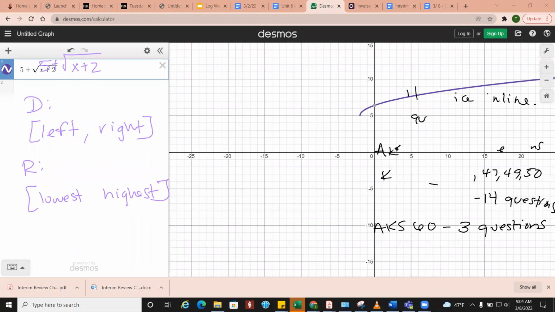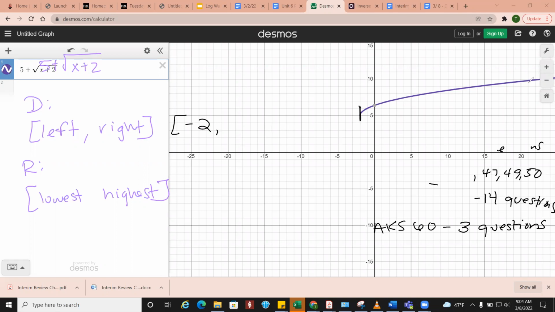When we do that, what we get is this little line right here. So for my domain, what's my farthest left X value? -2, and that's going to be included, so I'm going to use a bracket. If it's not included, we use a parenthesis.